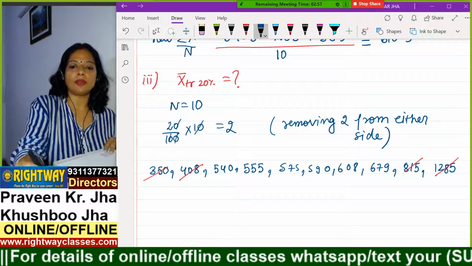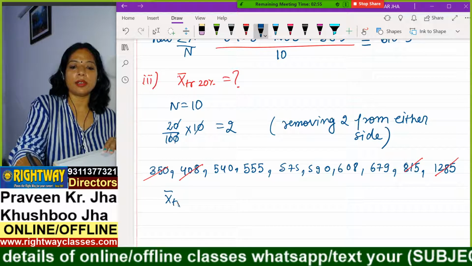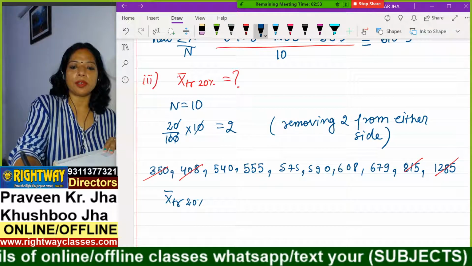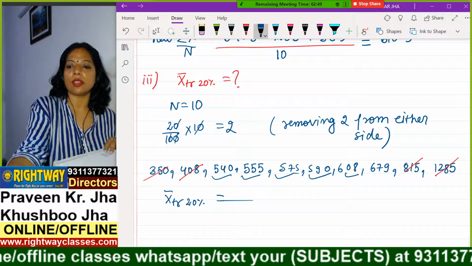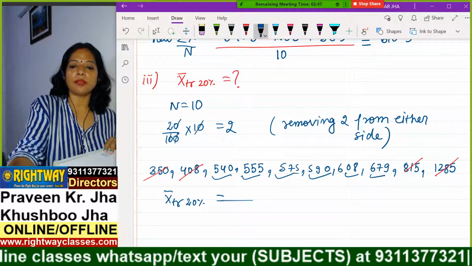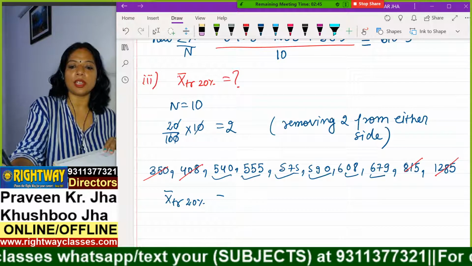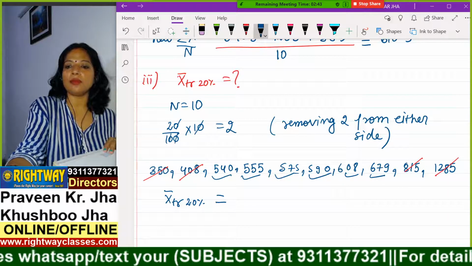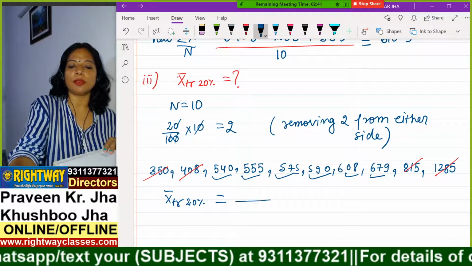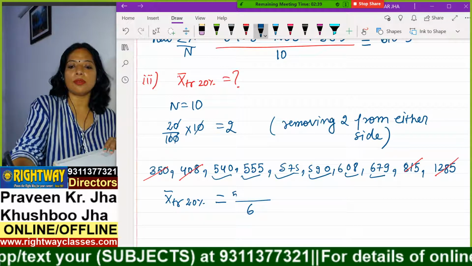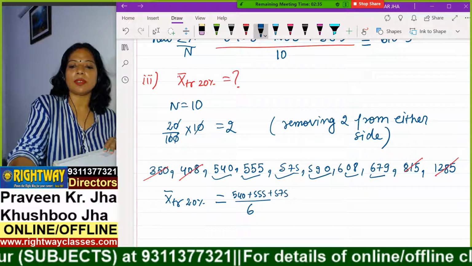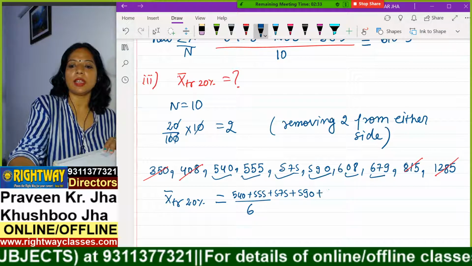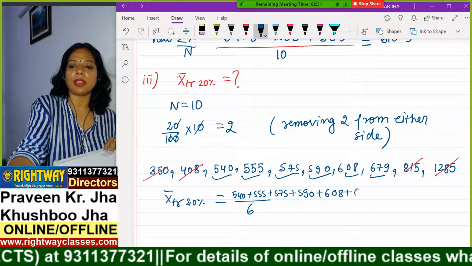So now we can find the 20% trimmed mean by just adding these and dividing by how many observations? From 10 we removed 4, so the number of observations is 6: 540 plus 555 plus 575 plus 590 plus 608 plus 679.